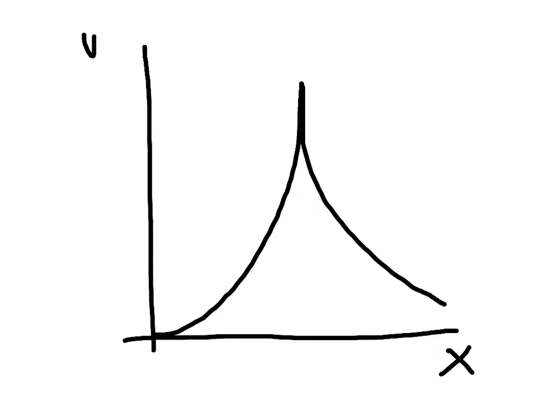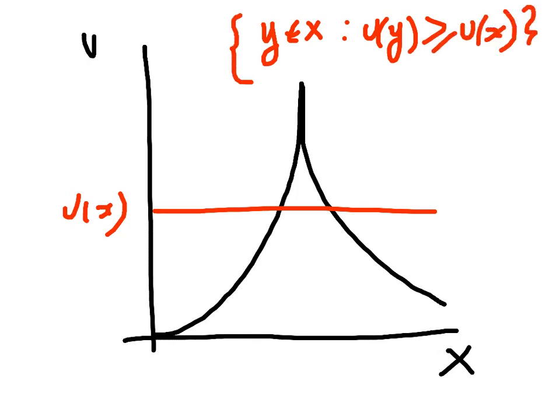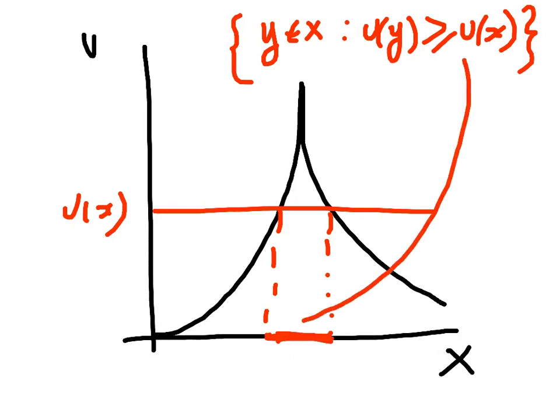Because I can simply pick a level, some utility level here, u of x, and I can look at the upper contour set, which is the set of y element of the domain, the commodity space x, such that u of y is greater than or equal to u of x. Okay. And where would this upper contour set be? It would be found right here. Okay, so this is the upper contour set. That set happens to be convex, so the function is indeed quasi-concave.